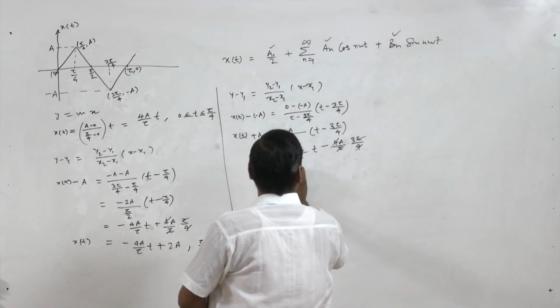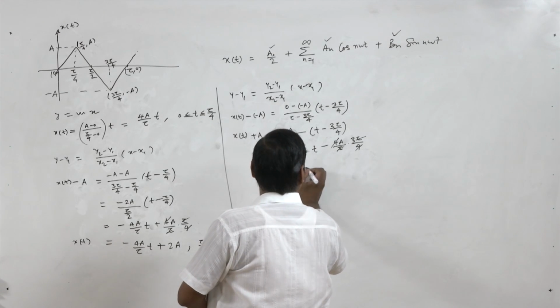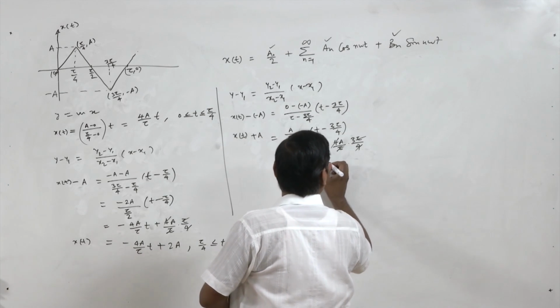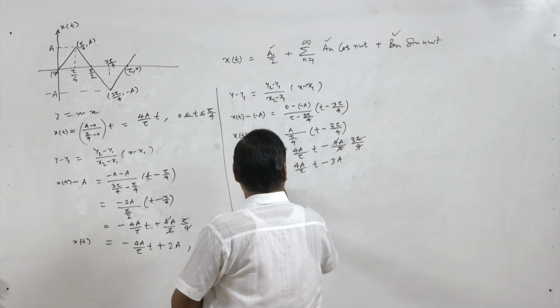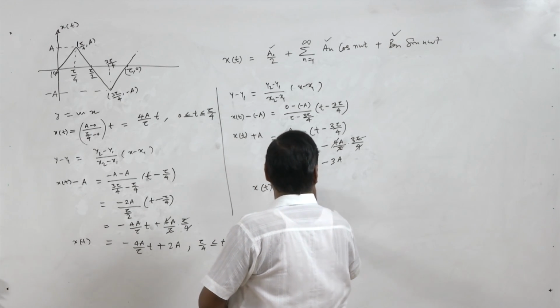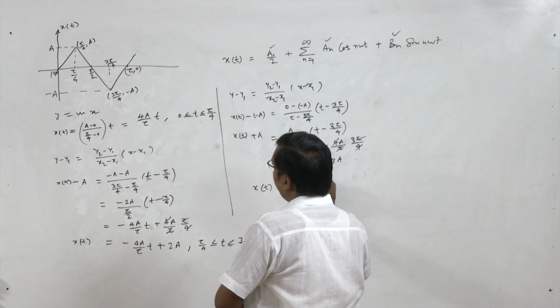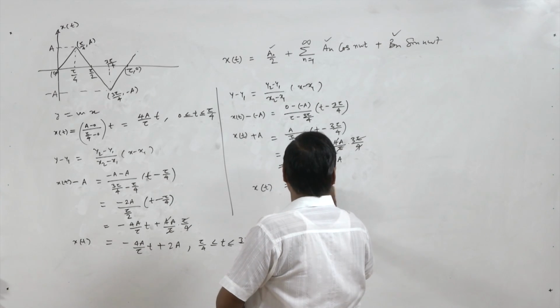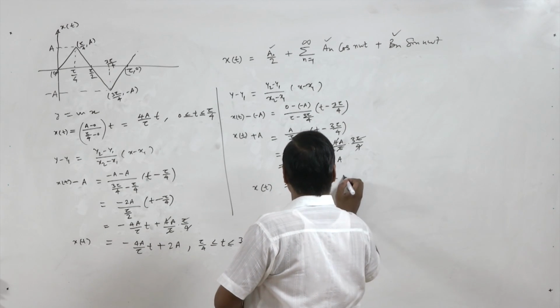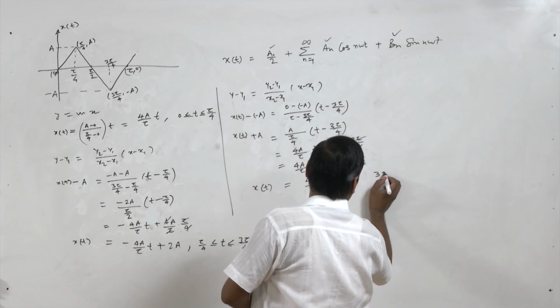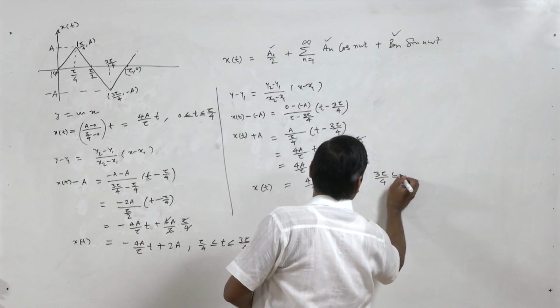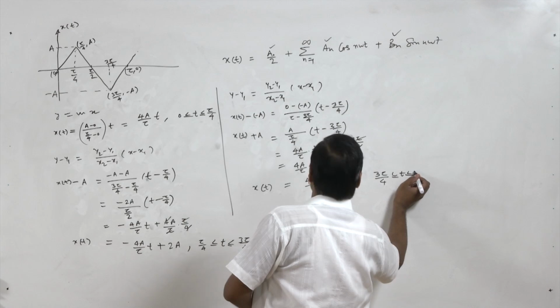So it is 3a. So here x(t) equals 4a by tau t minus 4a. So this is valid for 3 tau by 4 less than or equal to t less than or equal to tau.